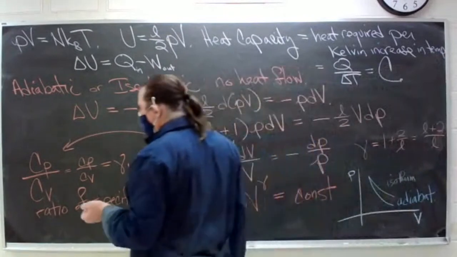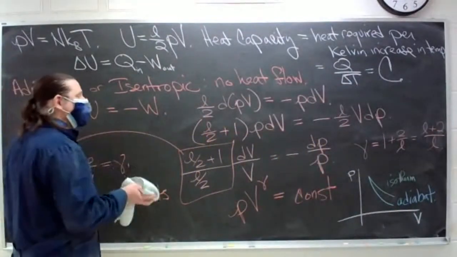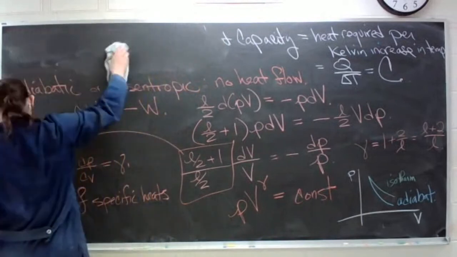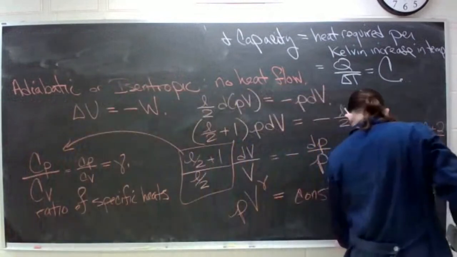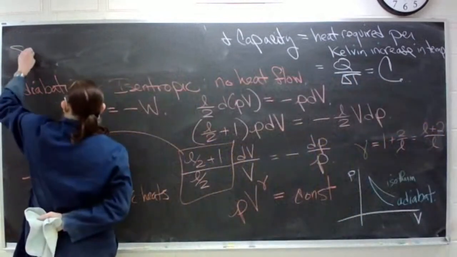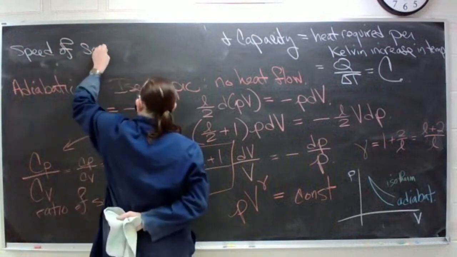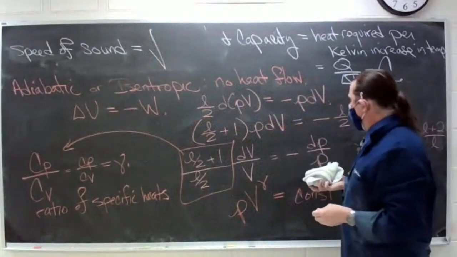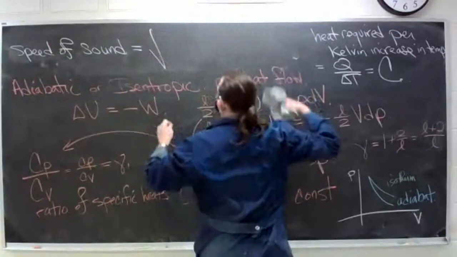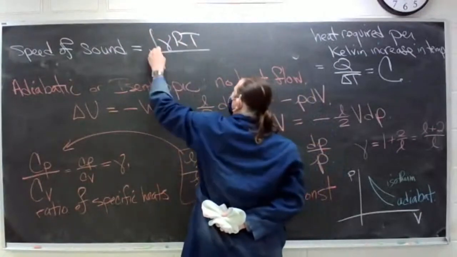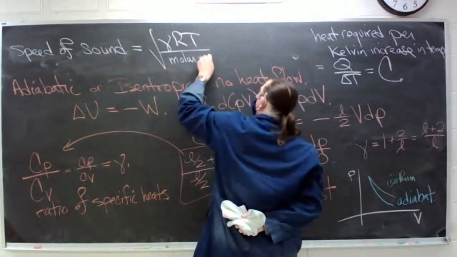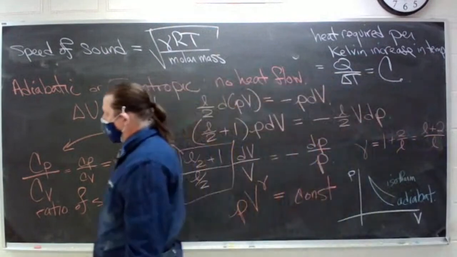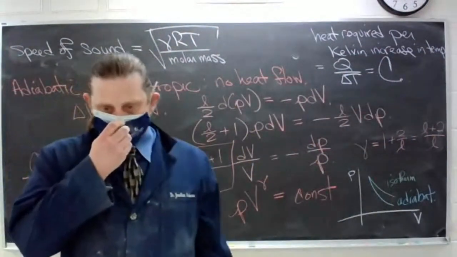Speed of sound in an ideal gas, I'll write it up here, is equal to the square root of gamma RT divided by the molar mass of the ideal gas.